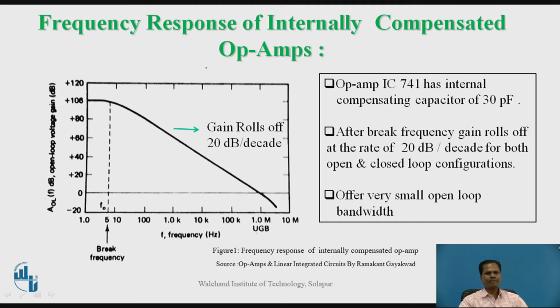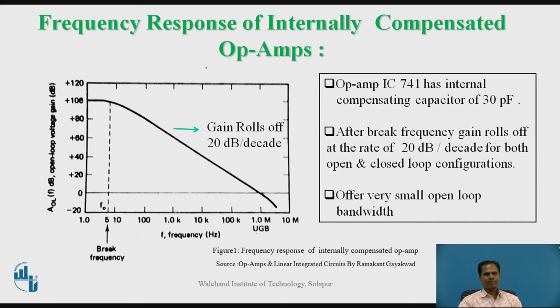It is always expressed in a dB scale and it is plotted on a linear scale. And the input signal frequency is plotted on a logarithmic scale so as to accommodate the very large input signal frequency range.